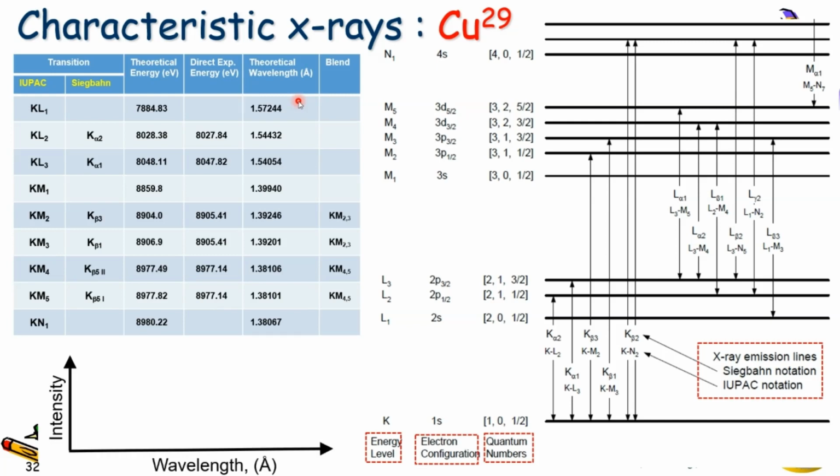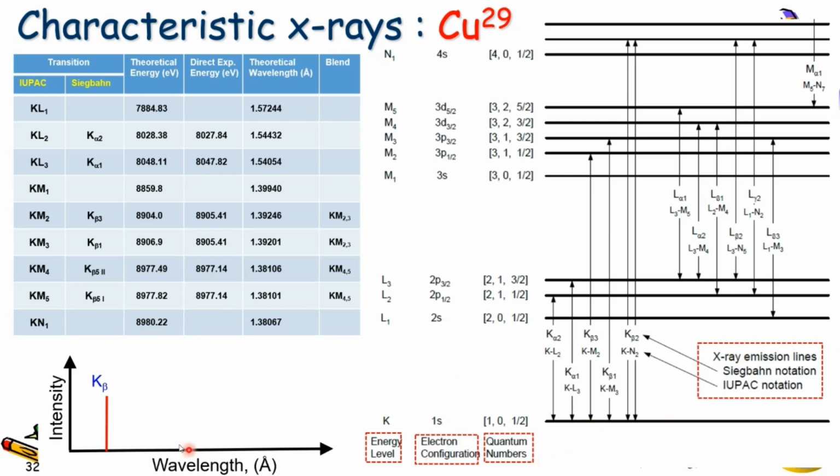Okay. So as I told you, there are some important X-rays. That's why we call it characteristic X-ray. So if you put copper into the gas discharge tube, you come out with X-ray, and you plot the wavelength on the x-axis and intensity on the y-axis. You'll find peaks like this: K alpha, K beta.